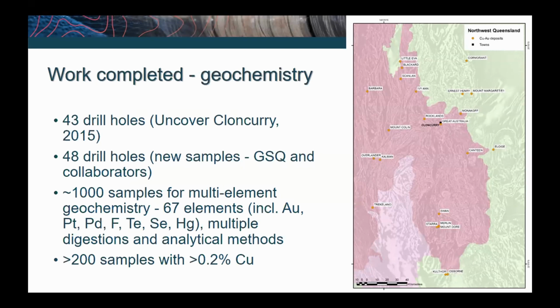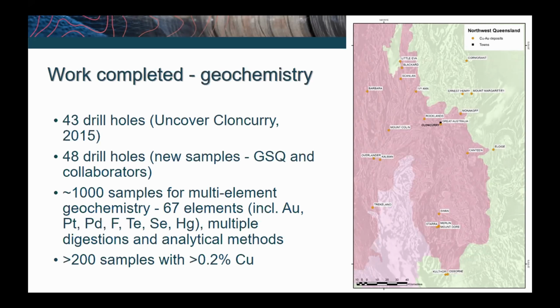Overall, as I said, about 1,000 samples consistently done for acid digestion, lithium borate fusion, fire assays, 67 elements, pretty much everything which matters in IOCGs, plus many more. More than 200 samples have serious copper grades. So we do have a good coverage of ore samples and alteration and background samples as well.